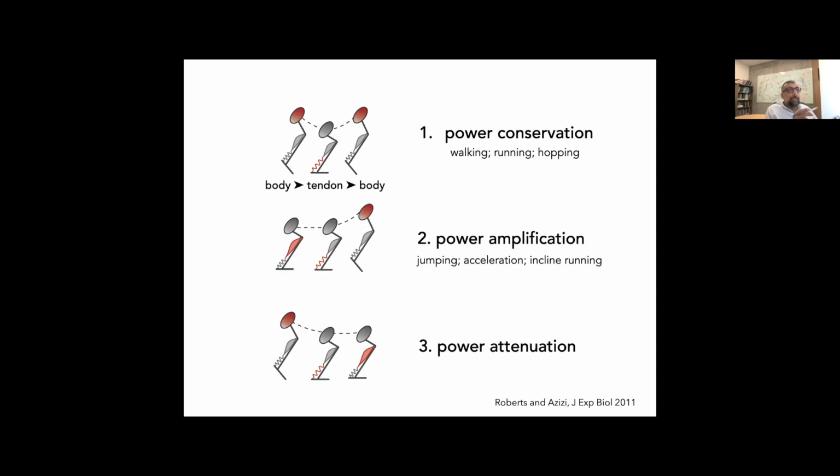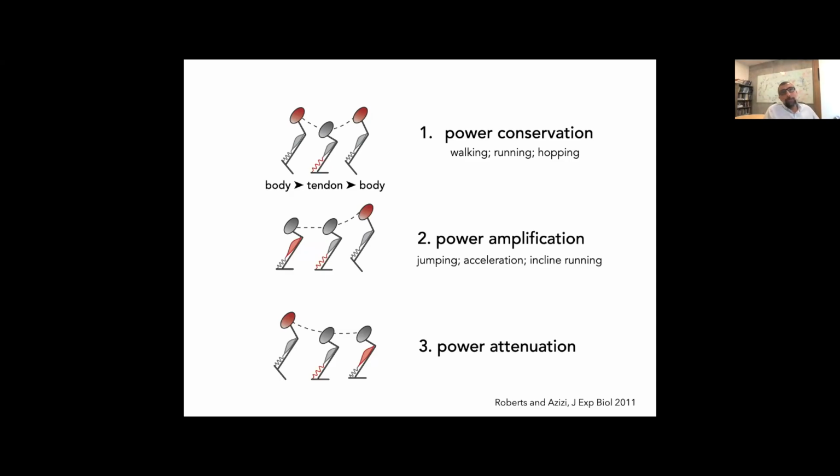And so the benefit here is really that by having a latch in place, our muscle can contract much more slowly and economically and generate much higher forces than would be required to actually directly accelerate this mass. So the muscle can perform at a much slower and more optimal pace, allowing that energy to be stored in the tendon, which gets released much more rapidly.